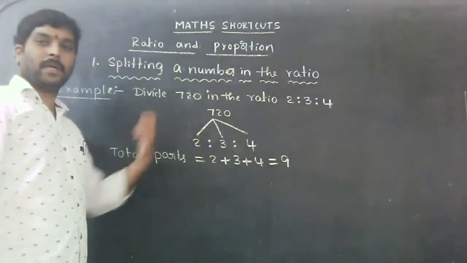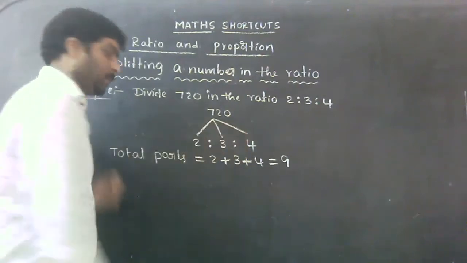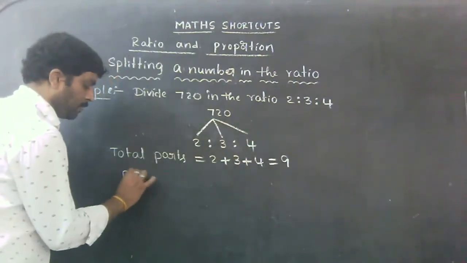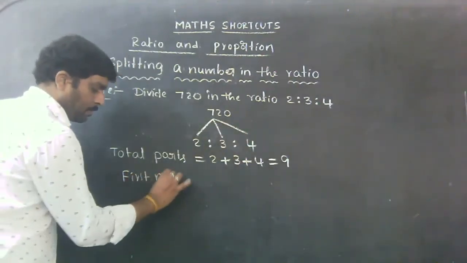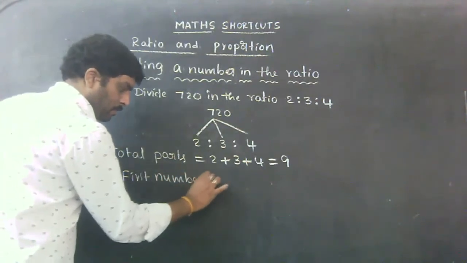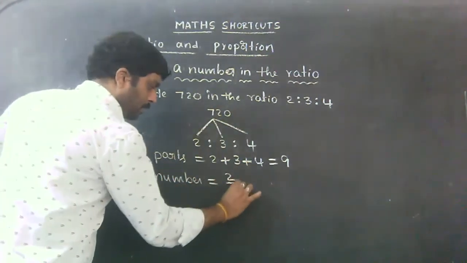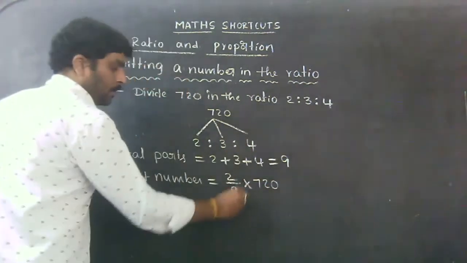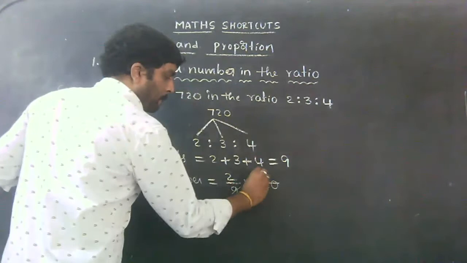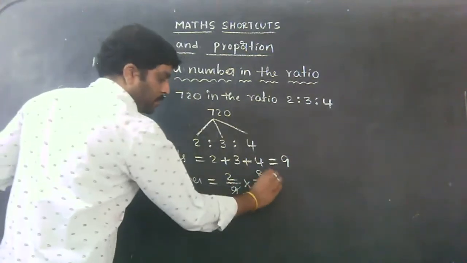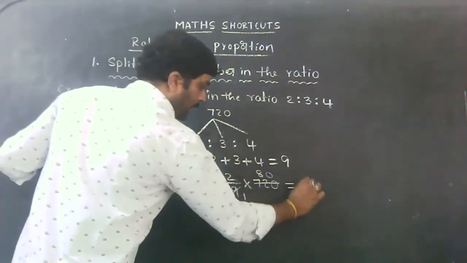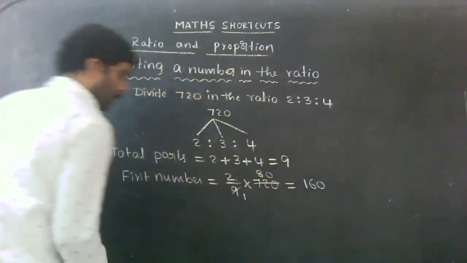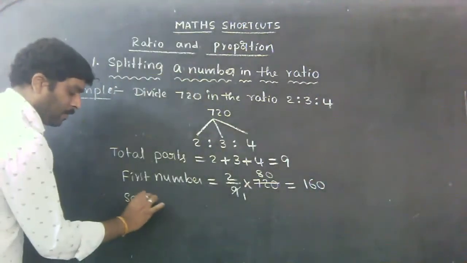Now the first number, second number, third number. The first number is 2 by 9 into 720. 9 eights are 72, 9 ones are 9, so 80. 2 into 80 is 160.